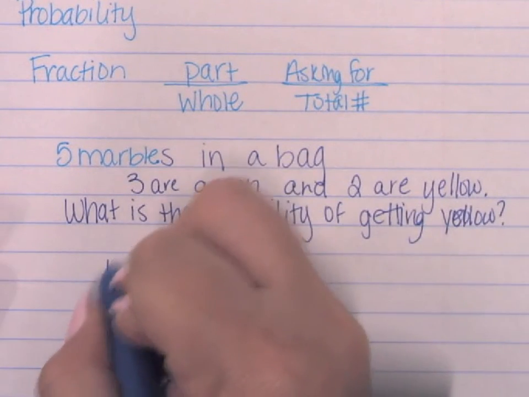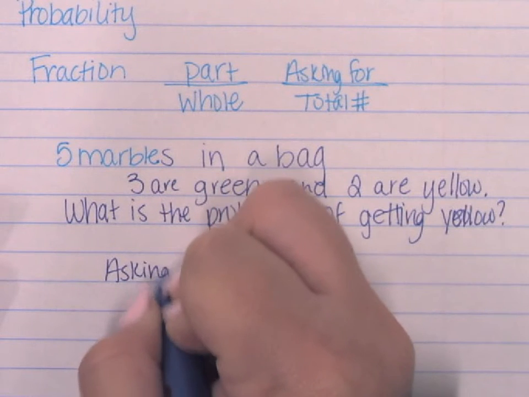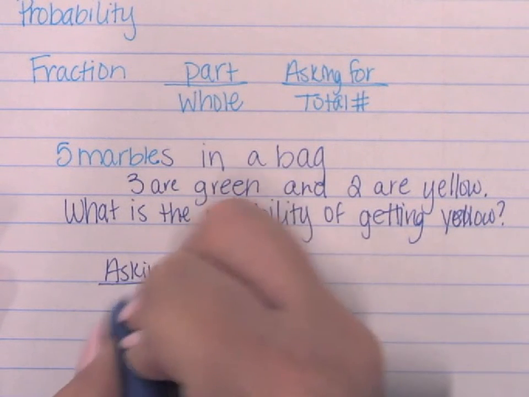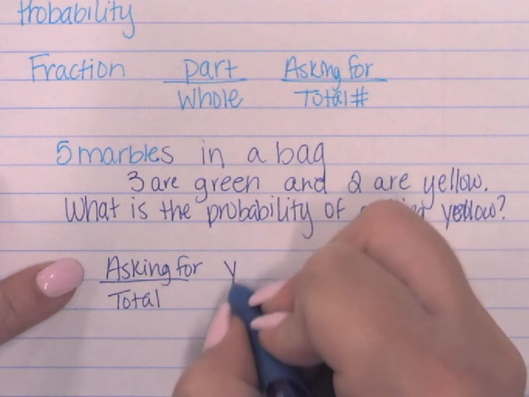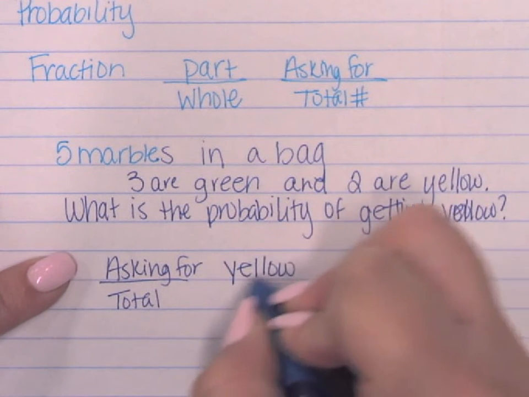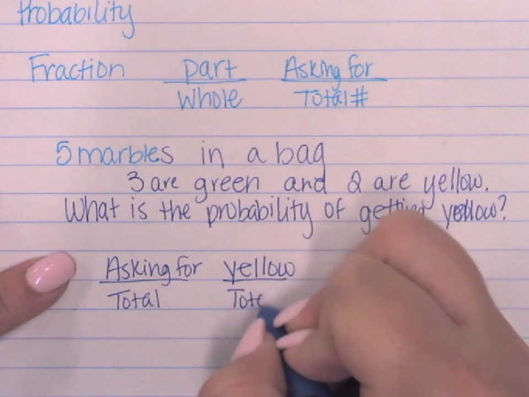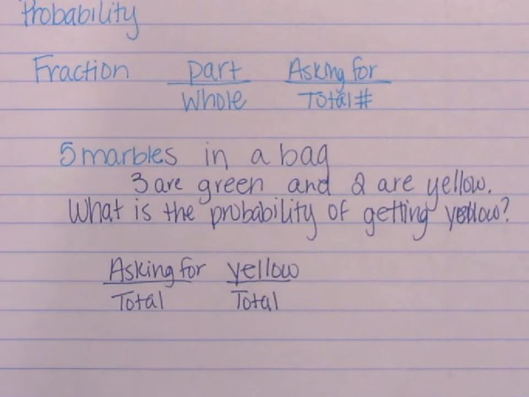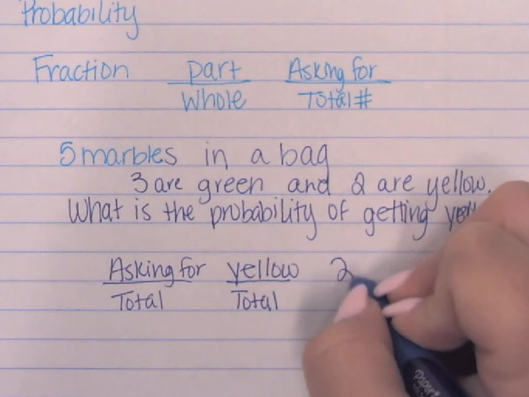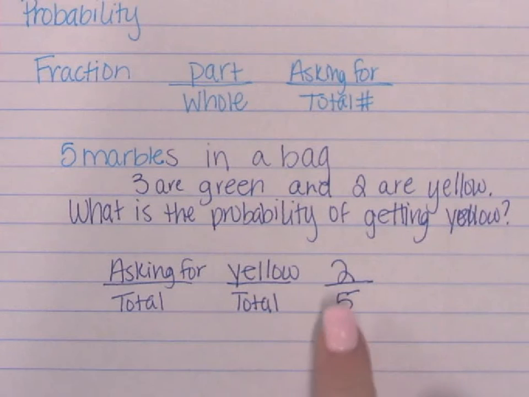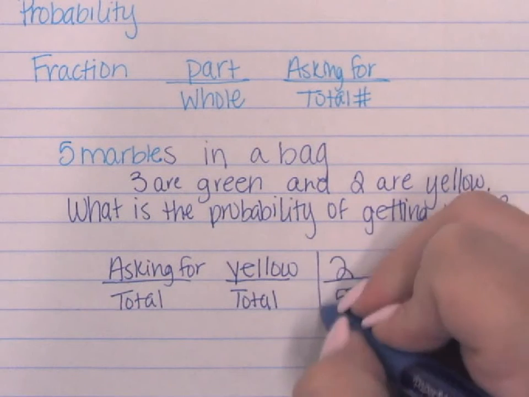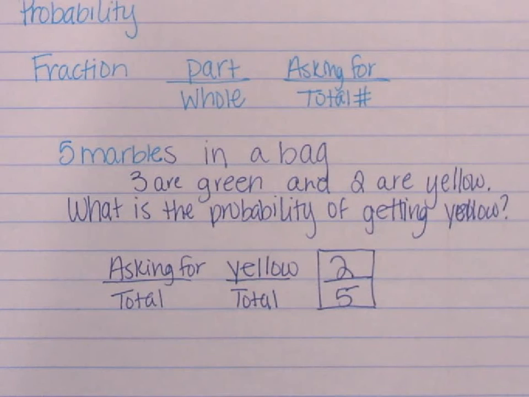So remember what they're asking for out of the total. They're asking for yellow out of the total. 2 out of 5. So that's 2 yellow out of 5. If it's not simplified, you have to simplify it, but this is simplified. So this is the probability.